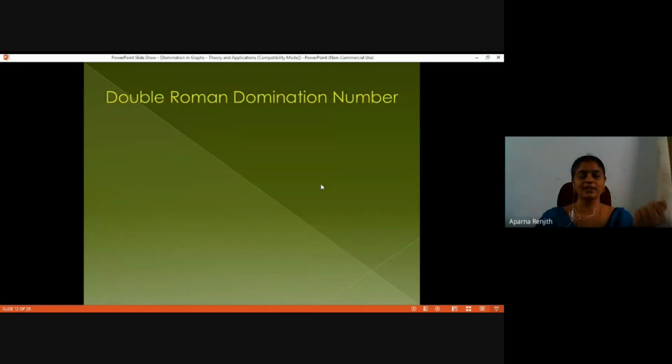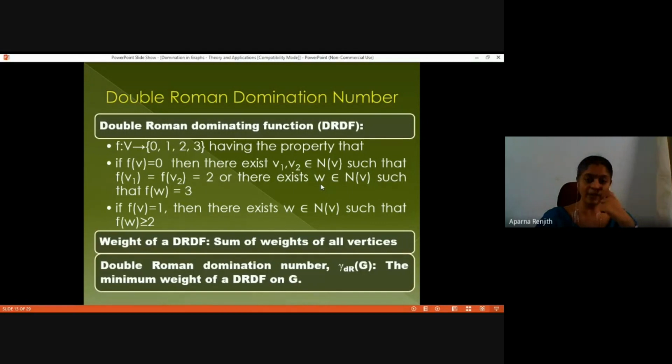So I'll give you the technical definition of double Roman dominating function. Here again, the domain is the vertex set itself, and the range set is {0, 1, 2, 3}. Earlier it was 0, 1, 2; now it goes up to 3. And here we have 2 conditions. Every vertex which is labeled 0 must be adjacent either to 2 vertices which are labeled 2, or to a vertex which is labeled 3.